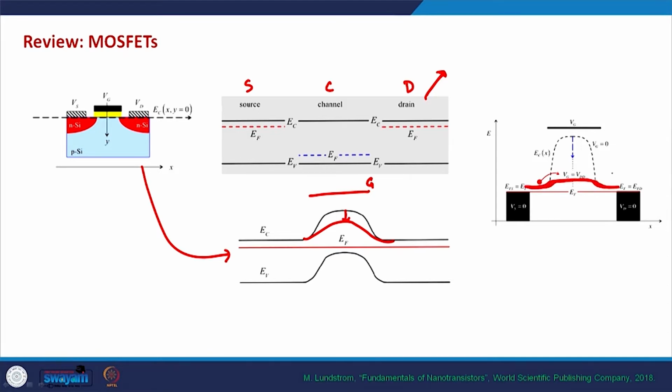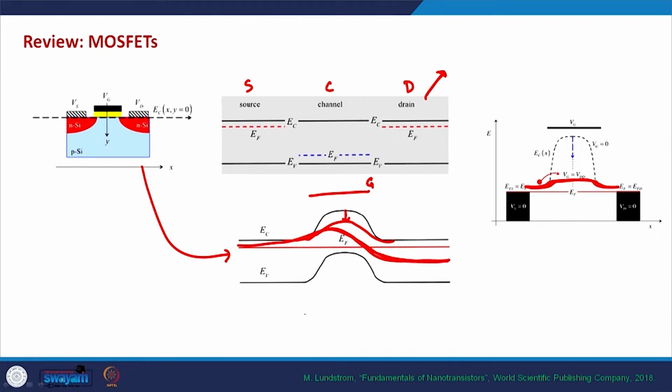Also we saw that if we apply a drain voltage, the drain side conduction band goes down, and the symmetry of electron concentration around the barrier is also disturbed.